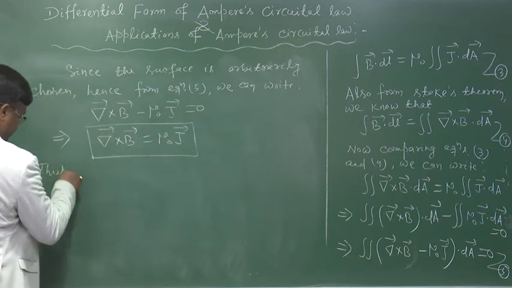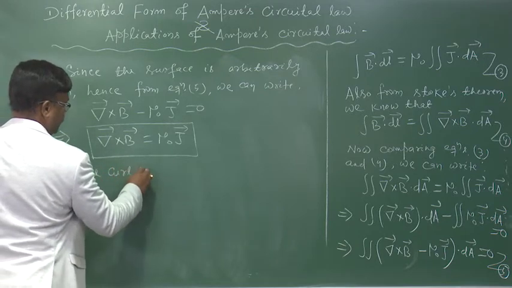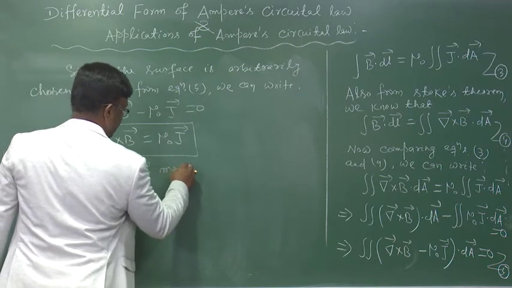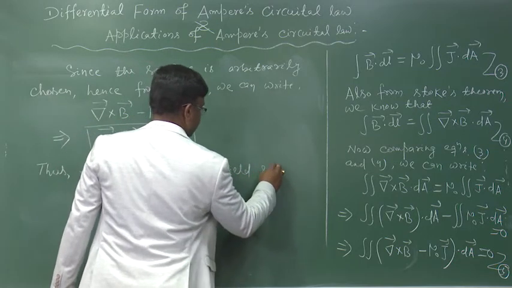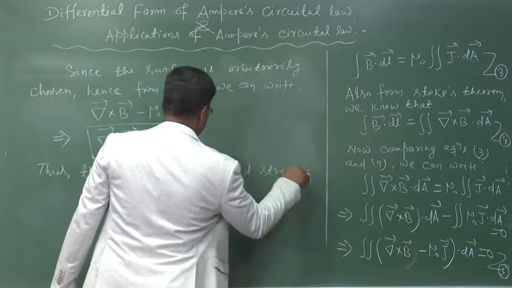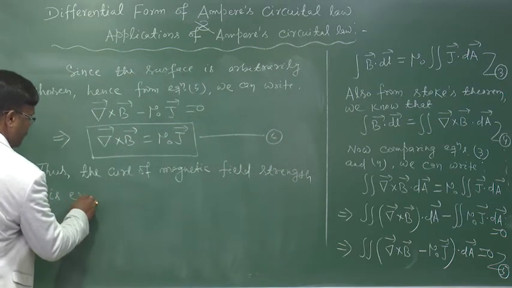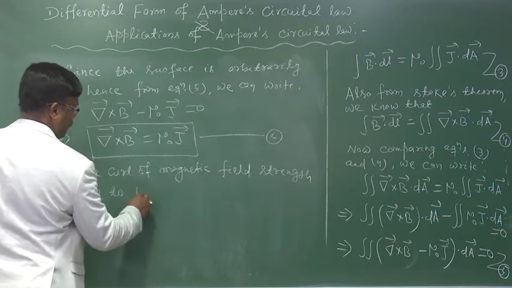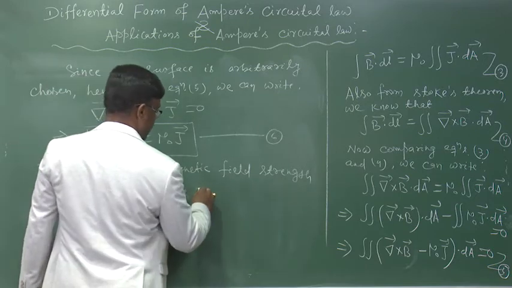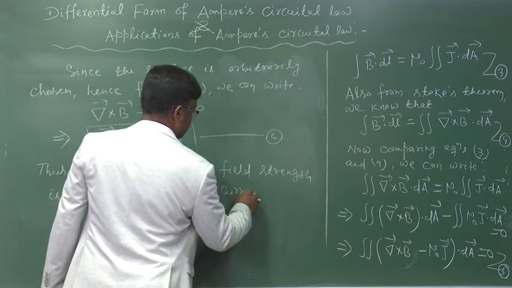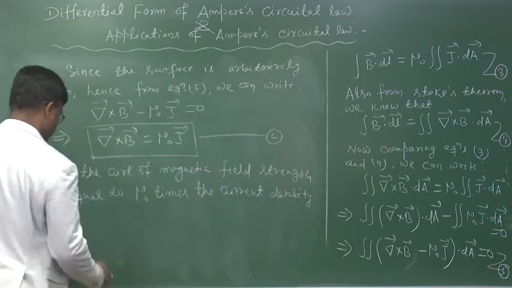Thus, the curl of the magnetic field strength is equal to mu 0 times the current density vector.